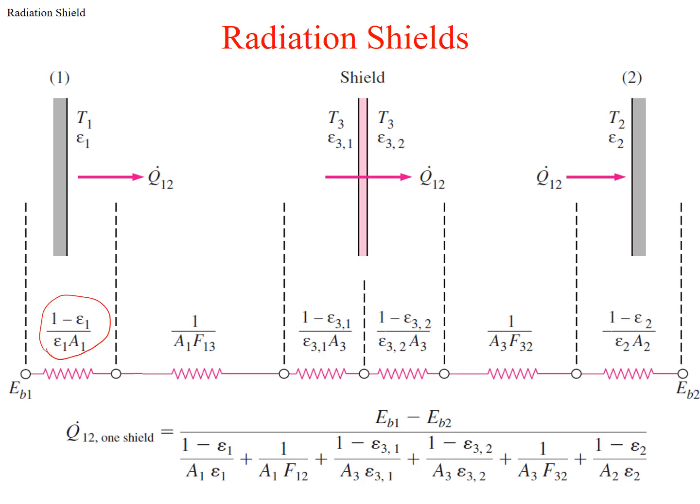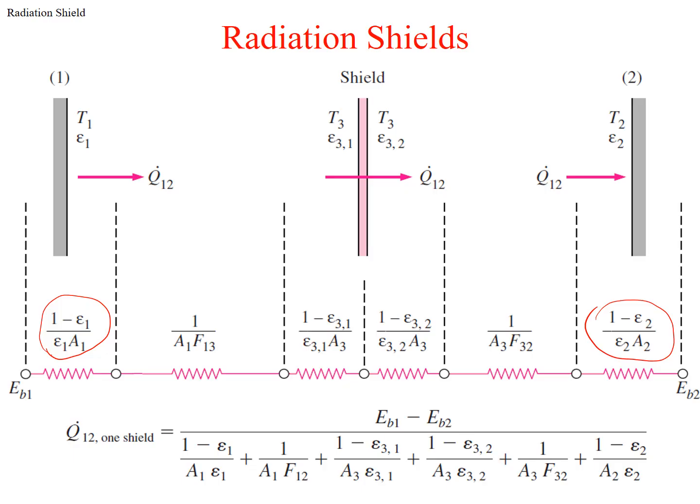Same way on the right-hand side, I have EB2 and the resistance for surface 2. Again, the same way that you would have some resistance related to the geometry of how they see each other and what their areas are, you do have those resistances here as well. But the difference here is when you do have a shield, what surface 1 sees is going to be surface 3.